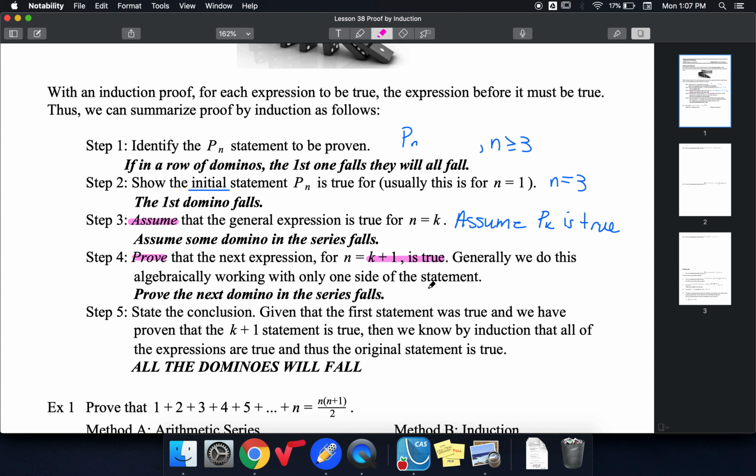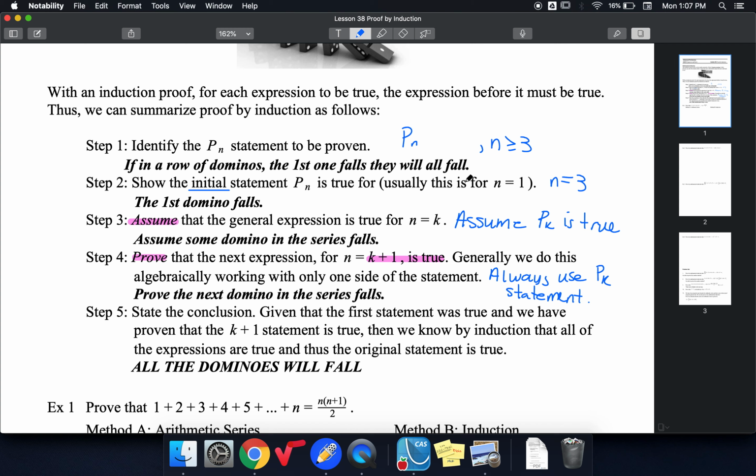Typically we do this with algebra, working with just one side, always using the P sub k statement, which we've assumed to be true. So if the first one was true, we've assumed some middle one is true and then proven that the next one after that is true.